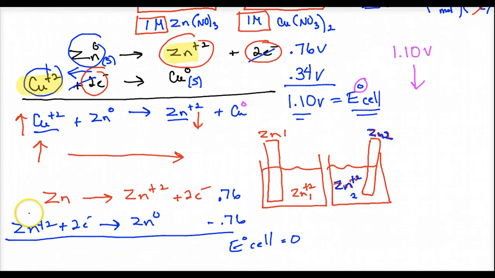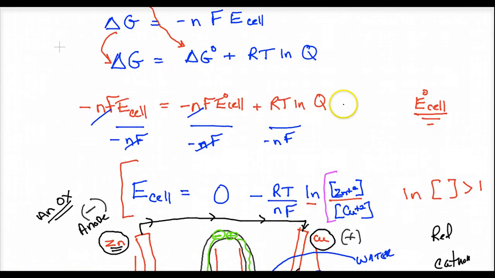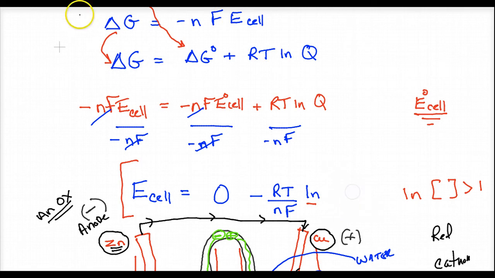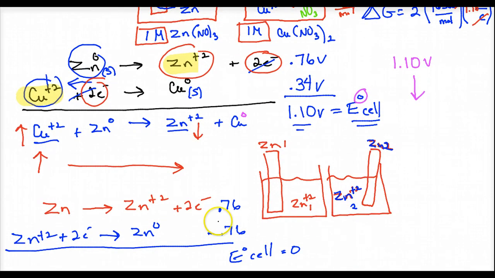Zinc plus 2 is a reactant, so that goes in the bottom. So zinc plus 2 blue is a reactant, and then I have red zinc plus 2. Red zinc plus 2 is a product. Okay, I did that correct.